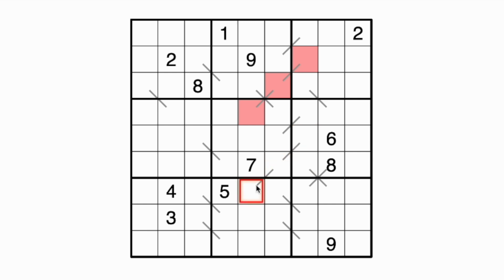What about these? I know that this is a different number, whatever that is. And this yellow number can't be a 4, 5, 6, 7, 8, or 9. That's pretty good.